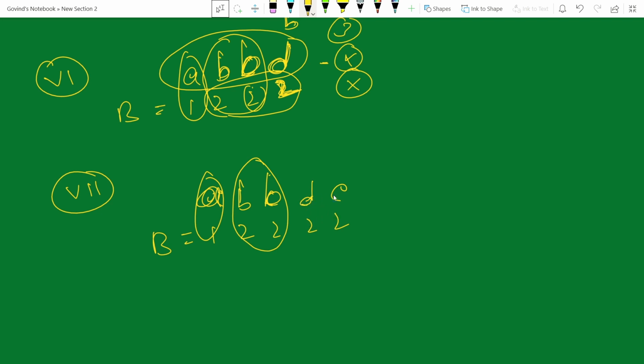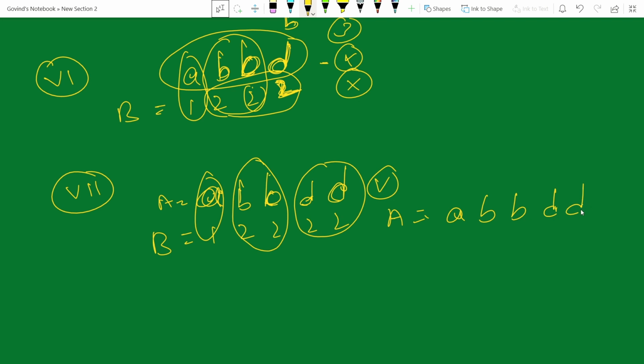Now we need another element which should be occurring two times. If we put E equal to D, then D will be occurring two times. So it is possible. Now our A would be A B B D D. Now starting from the smallest element, we can put A as 1 2 2 3 3. So this is our array A.